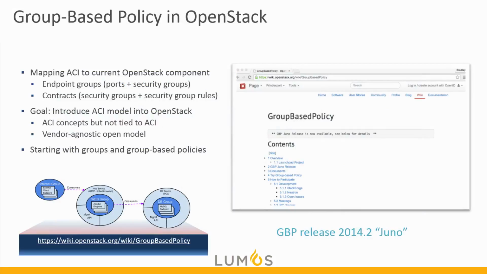Now, we're going to talk a little bit more about group-based policy in OpenStack. As of the 2014.2 Juno release, and each of the OpenStack releases have these code names, not only for all the internal modules, which can be confusing, but they begin to make sense, right? Anyway, they also have code names for the releases.